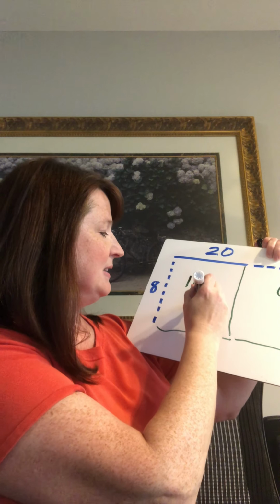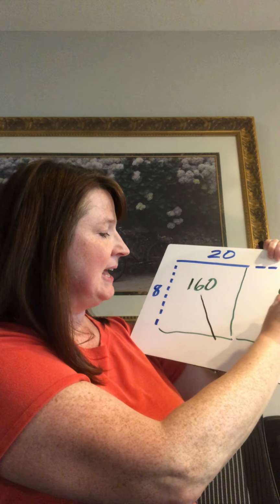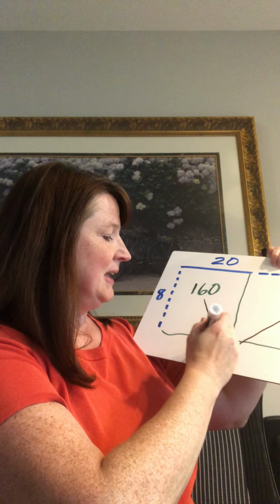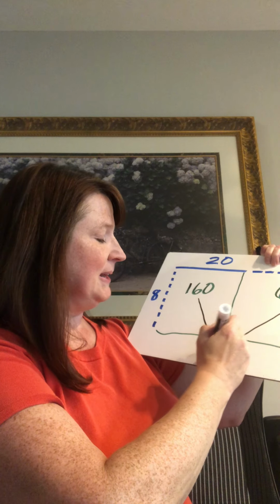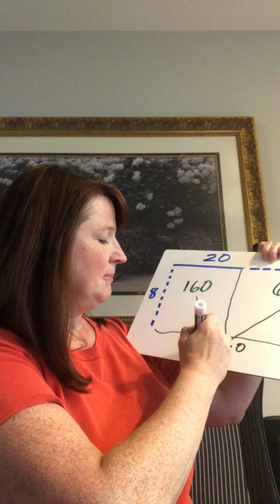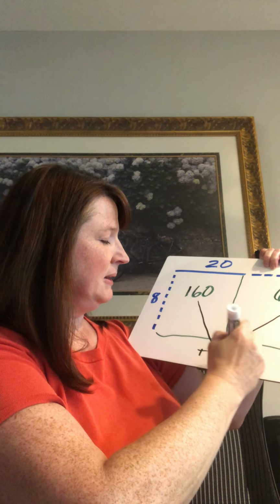Remember that partial means part of. And then what you're going to do is add those two partial products together, okay? Just like yesterday. So we'll add 160 and 64 together. I'll have to do it a little bit small. 160 plus 64.